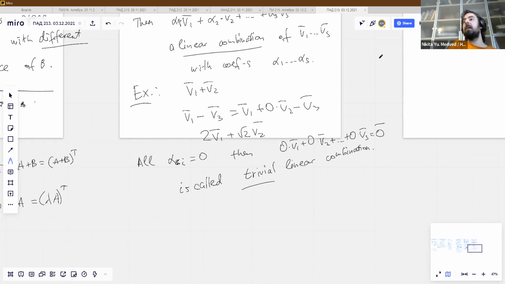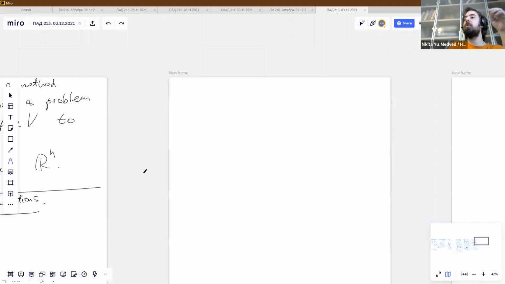And so we have come to the definition from the lecture, which we are going to work with in the remaining 20 minutes. So a set of vectors is called linearly dependent.